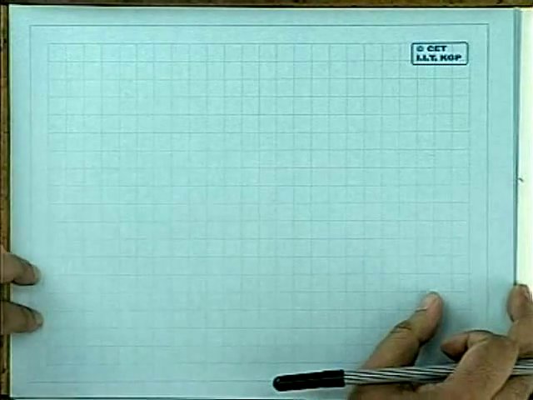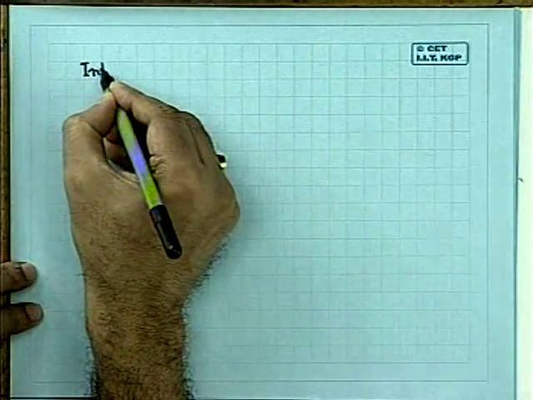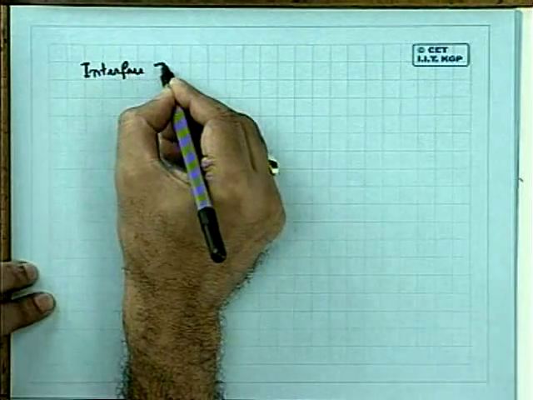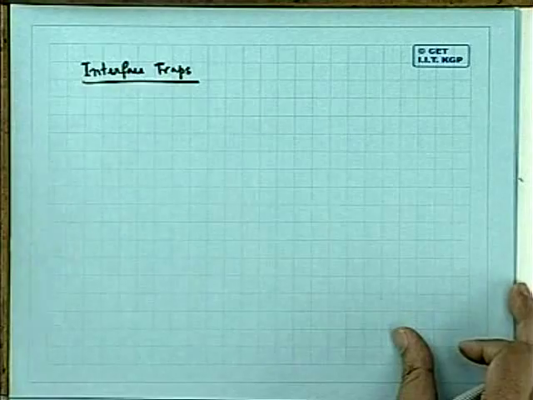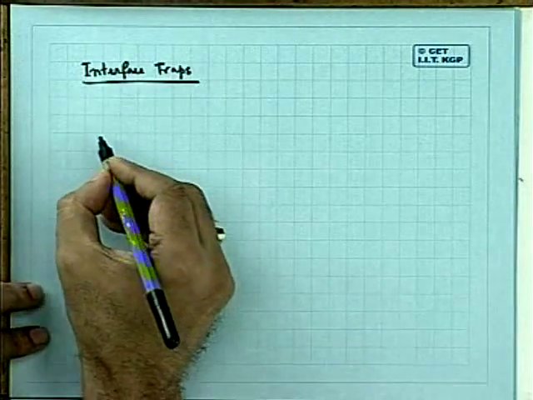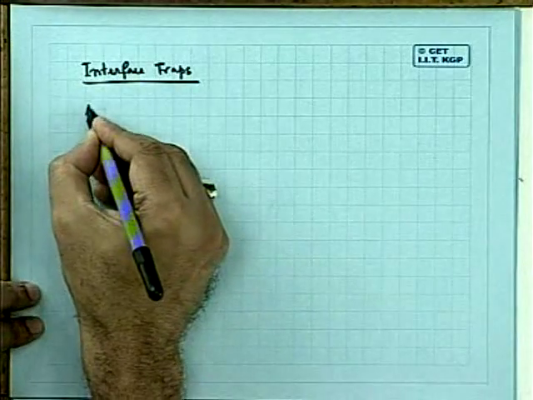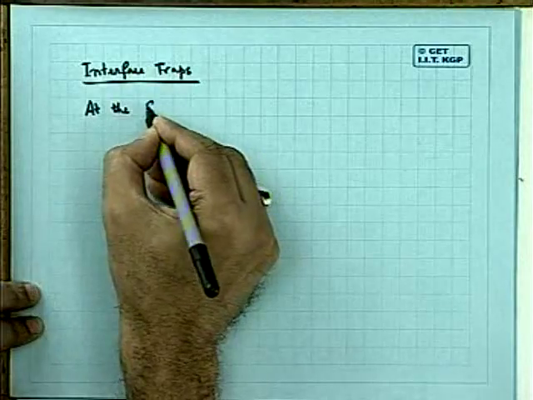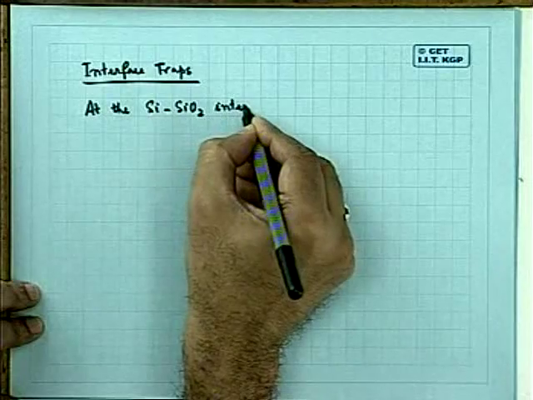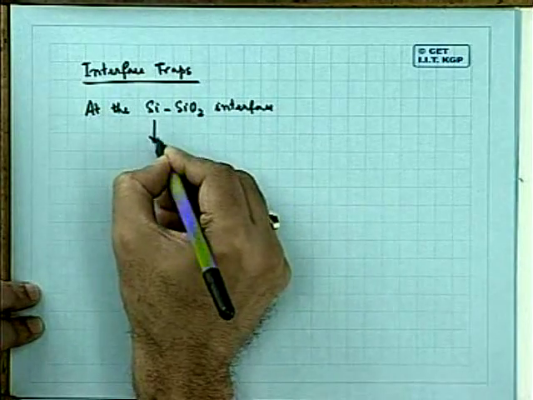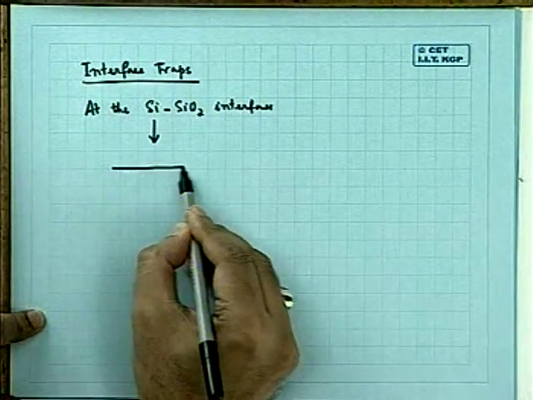One thing I have just ignored so far is the effect of interface traps. In the interfacial region, at the silicon-silicon dioxide interface, the semiconductor energy band diagram looks like this.